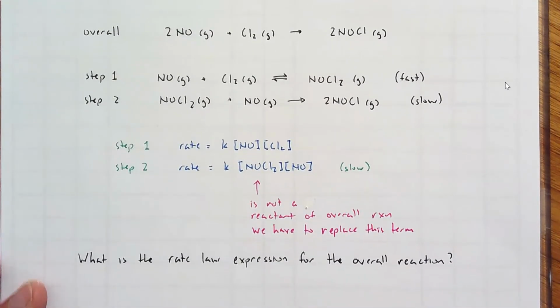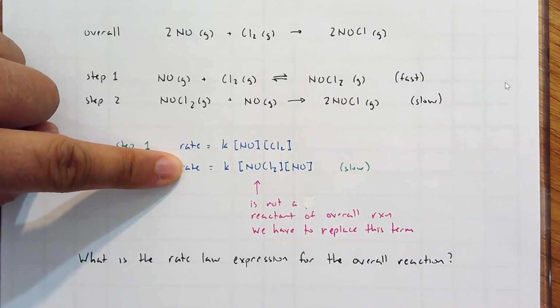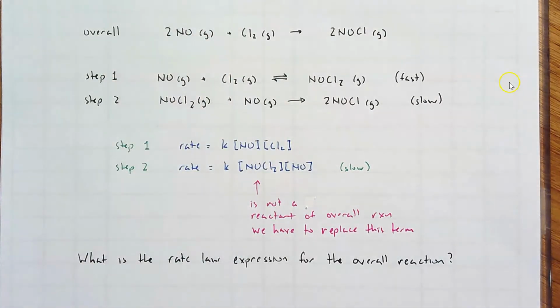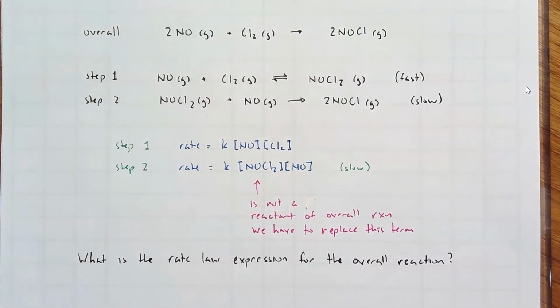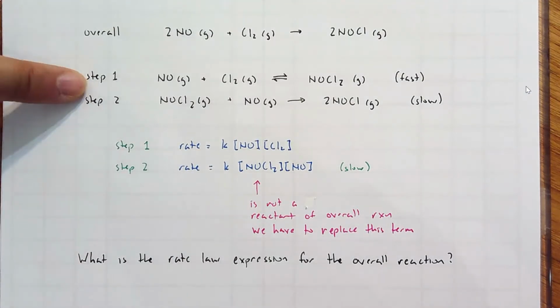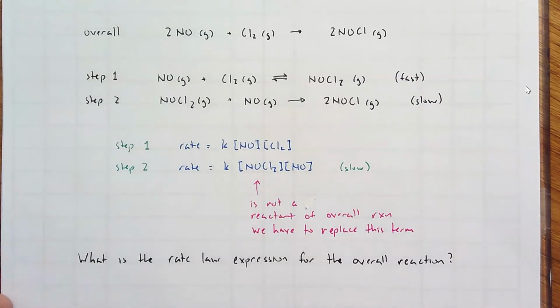The idea is to take this rate law of the slow step and figure out a way to replace NOCl2. Kind of tricky. So we are going to use the fast and reversible step.